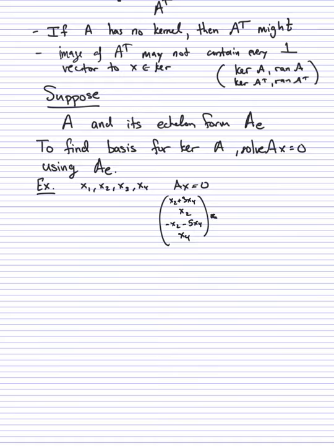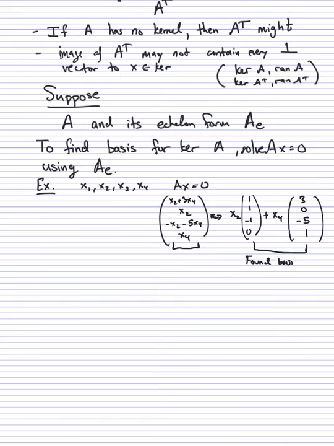So what you get from this is that every solution is of the form x2 times (1, 1, minus 1, 0), plus x4 times (3, 0, negative 5, 1). Okay? So every time you've written down a formula for the solutions in terms of certain free variables, you've now found a basis.